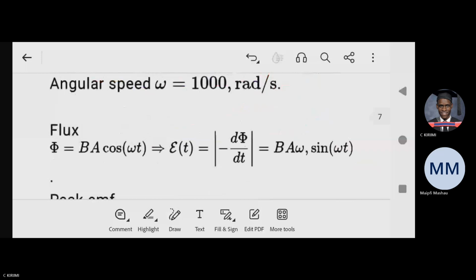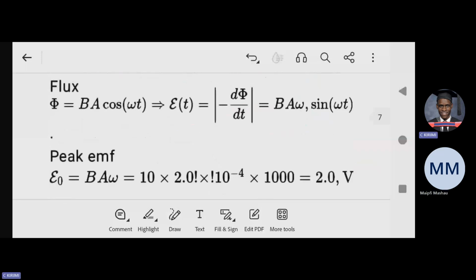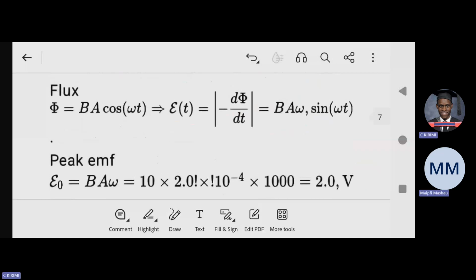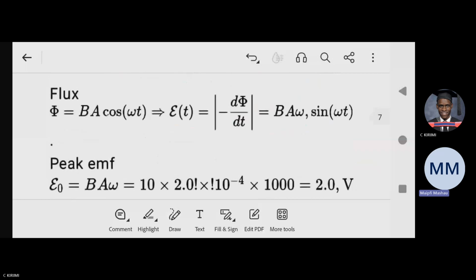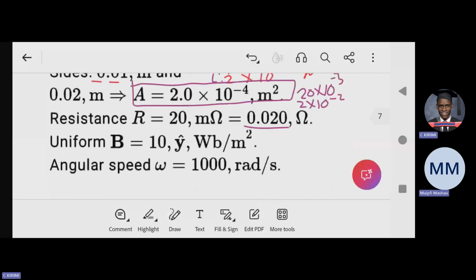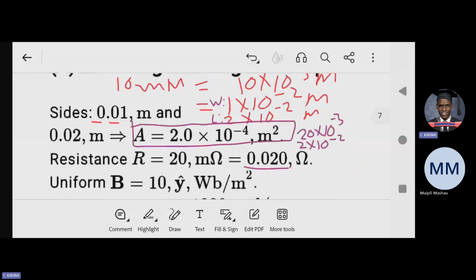So we can relate, since we are given B, which is the magnetic field. A, what is A representing? The area. And B is representing the magnetic field, which is 10 Weber per meter square.